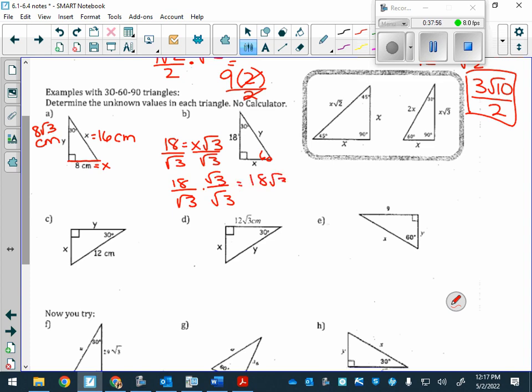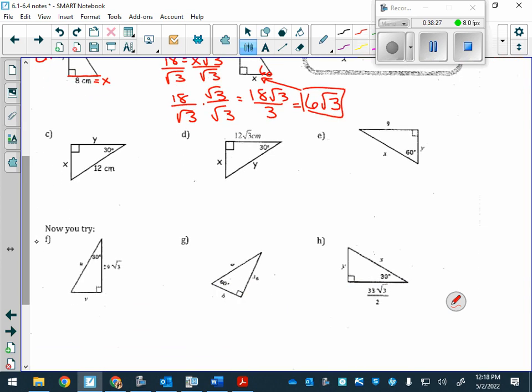All right, so we have 18 root 3 over 3. What's my shorter side length? Okay. 6 root 3 is x, so therefore, what would y be? Go ahead, you. Excellent. 12 root 3. Because it's only your side length times 2, and only your whole numbers you can multiply. All right? Are we okay?